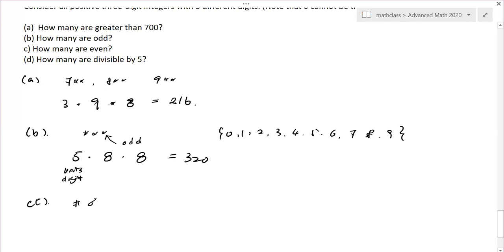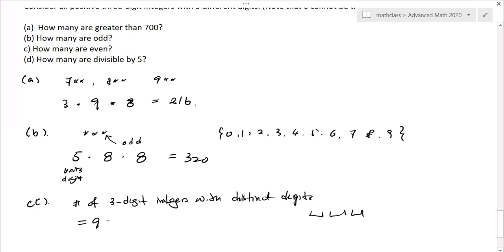So the number of 3-digit integers with distinct digits is going to be, first of all, the hundreds digit cannot be 0, so you have 9 choices. Then for the second one, you have 9 digits left, so 9 choices. For the third one, you have 8 choices.